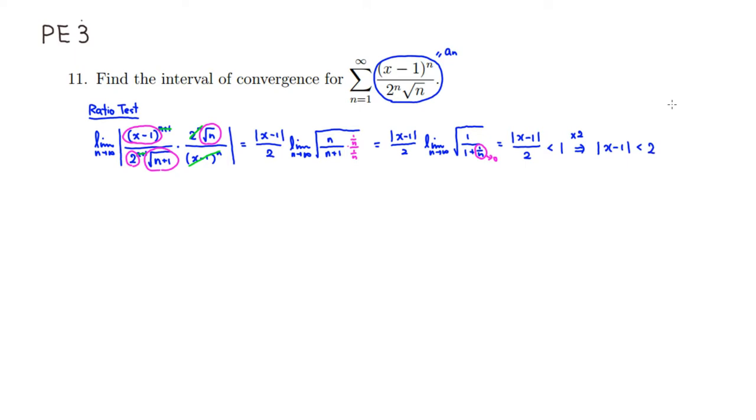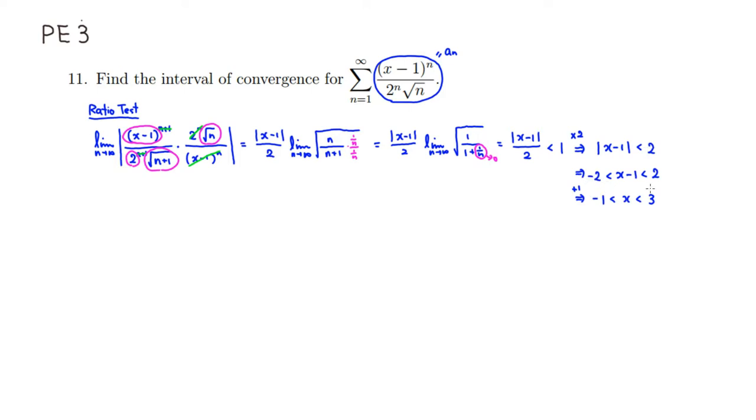Taking away the absolute value sign, x minus 1 has to be between negative 2 and positive 2. Since I want to isolate x, I want to get rid of the negative 1, so I'm going to add 1 to every part. So you have negative 1 is less than x less than 3. So we're talking about the interval from negative 1 to positive 3.